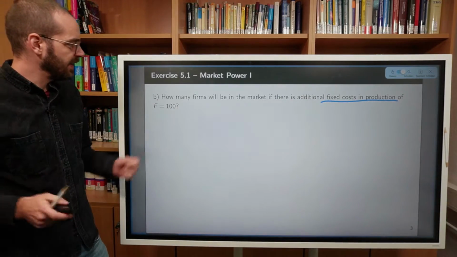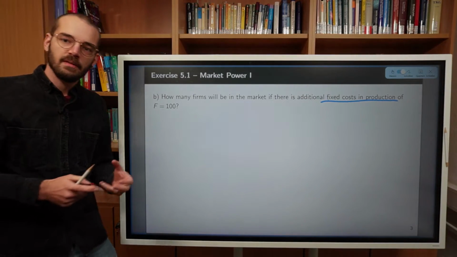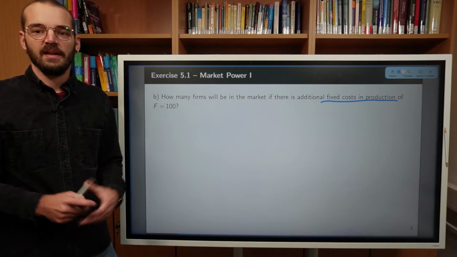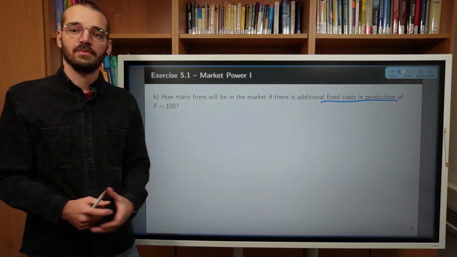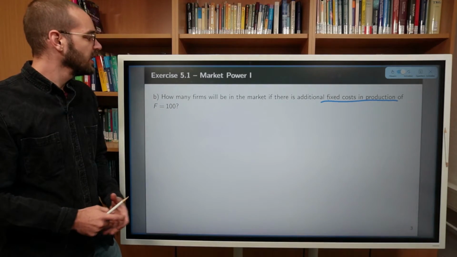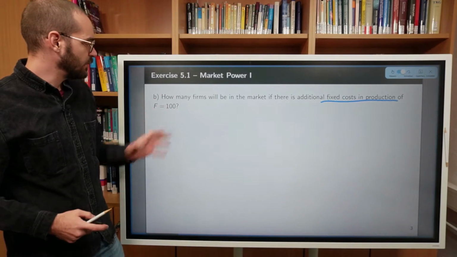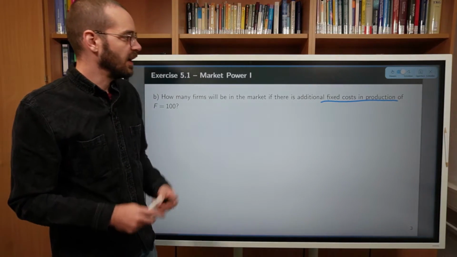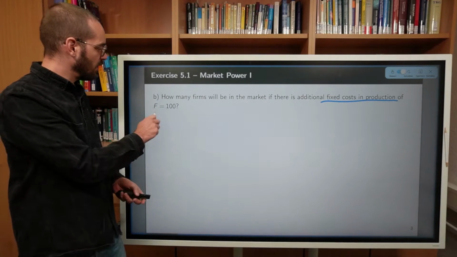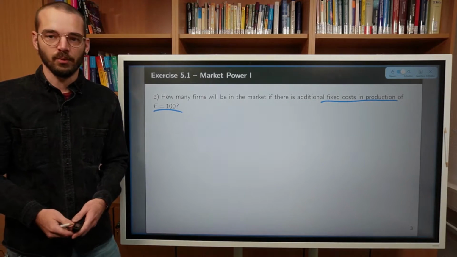So in the next step then, now knowing the profit of all firms in these general terms, generalized for the number of firms and generalized for the fixed costs in the market, we are next faced with this question. How many firms will be in the market if there is additionally fixed costs of capital F equal 100?